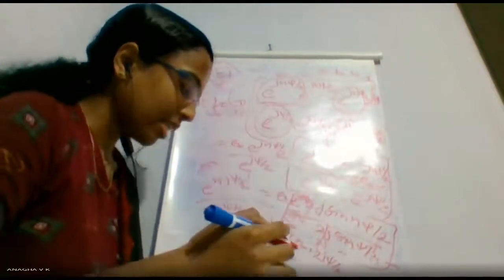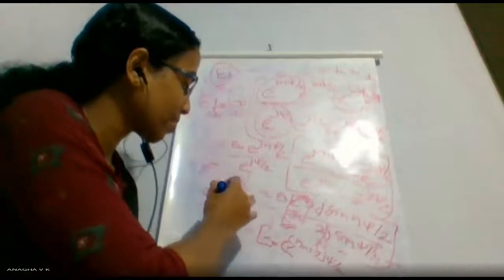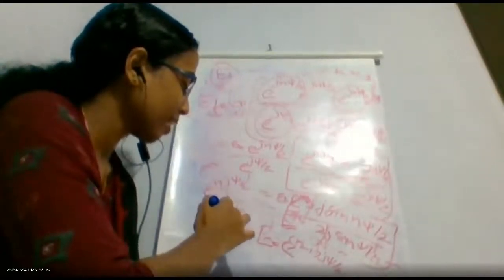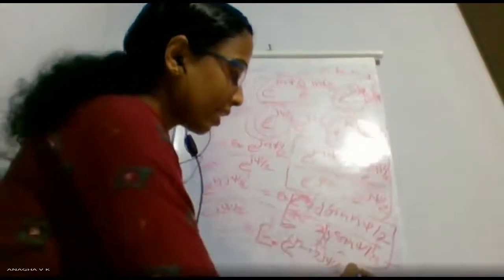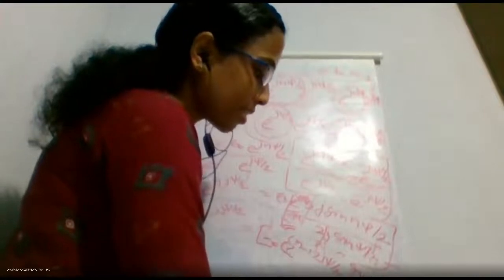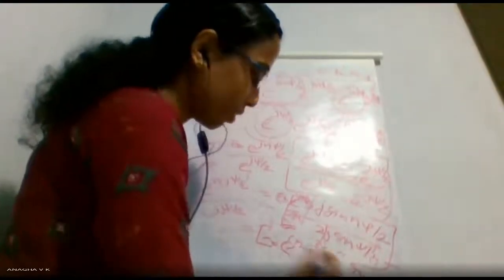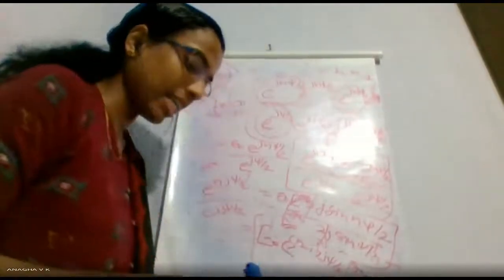Okay. e raised to n minus 1 j psi by 2 divided by, so minus e raised to n minus 1 psi by 2. So sine n psi by 2 by sine psi by 2. Okay. So this is the final equation.